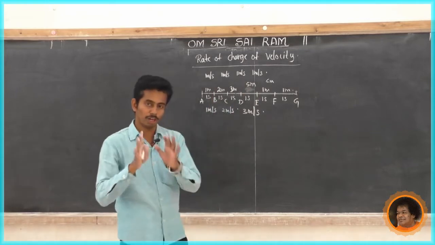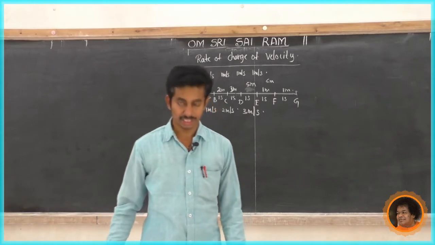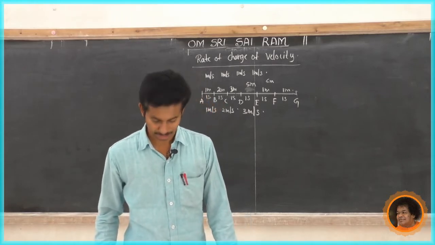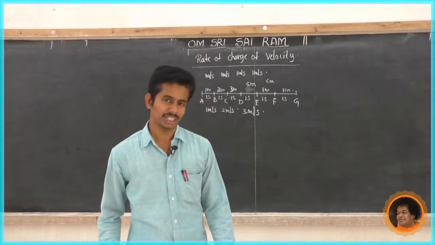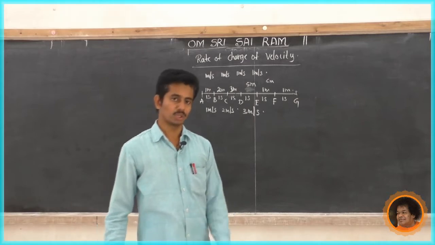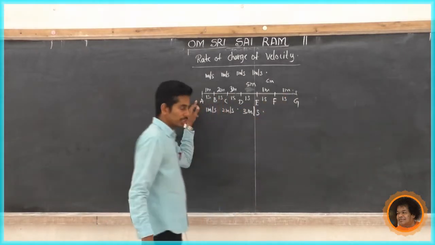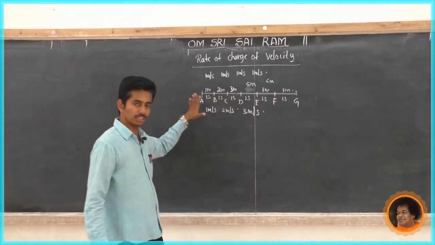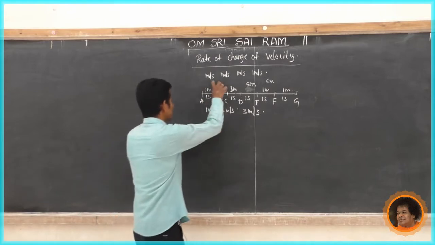So the rate of velocity changing is called acceleration. So change in the velocity of an object with respect to unit time is called acceleration. So what is acceleration? Rate of change of velocity is known as acceleration. Why is it acceleration in the earlier case? Is there any acceleration?